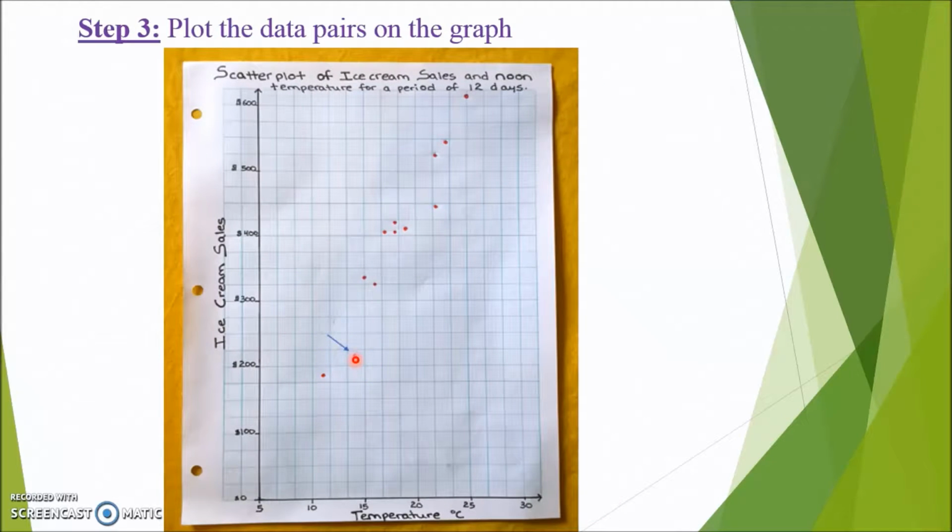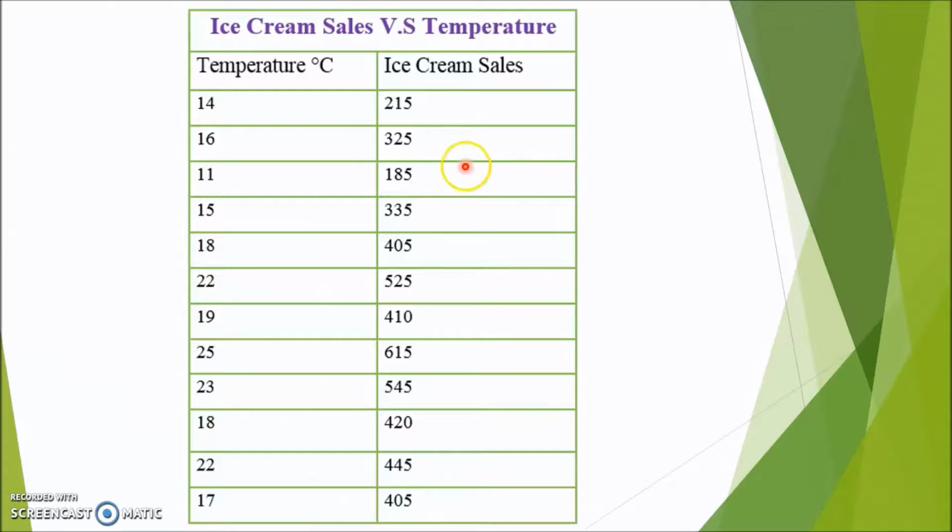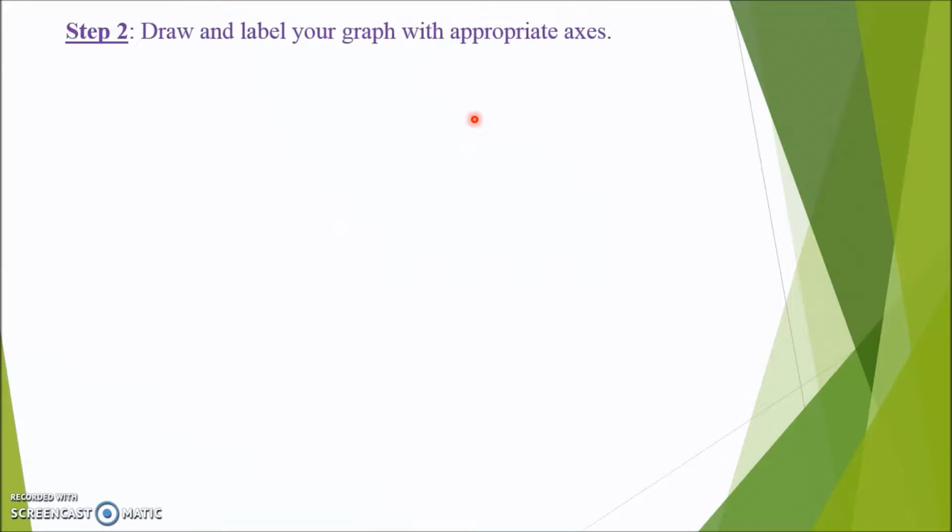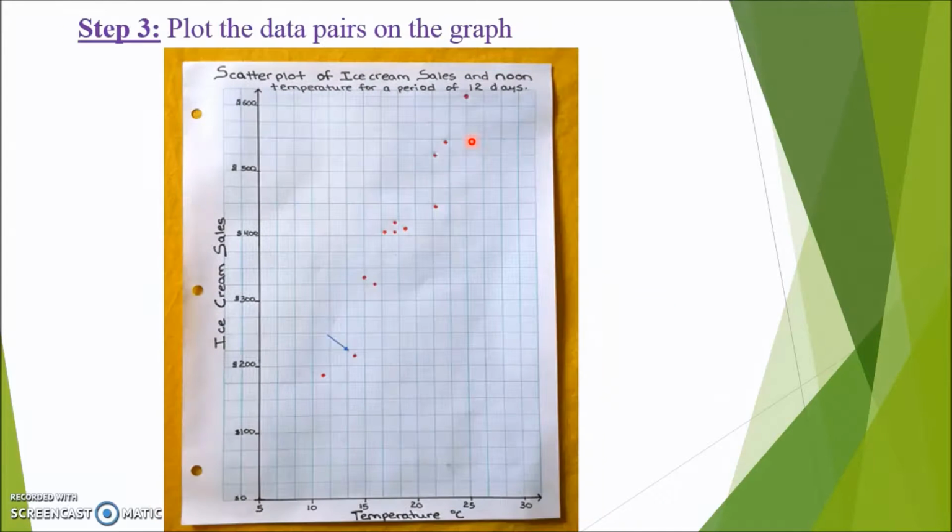And for ice cream sales, it's 215. So you would go and locate that on your y-axis, which would be here, making sure not to lose the temperature point, because it is where these 2 points meet that you get your first data pair. This is indicated by the blue arrow here, which I just used for illustration purposes.